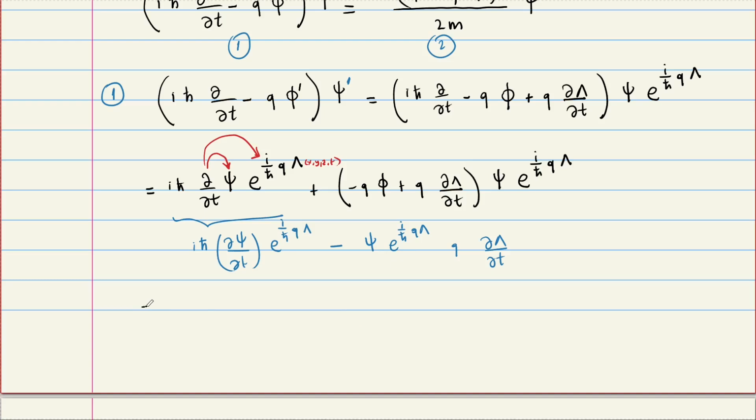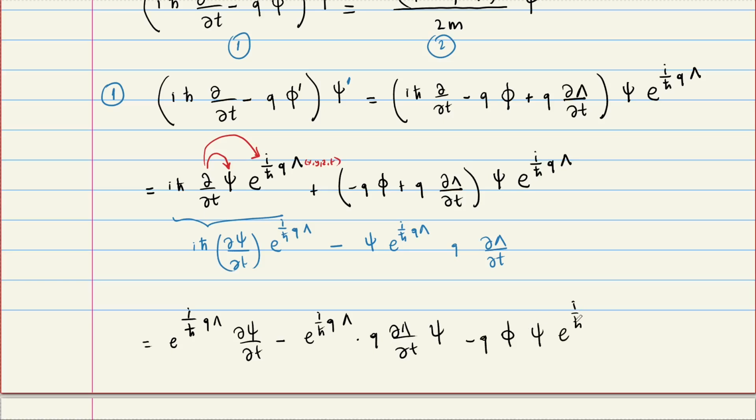Let's write this: this is equal to I h bar, and I want to write the phase in front, so e to the I over h bar q lambda del psi del t, minus e to the I over h bar q lambda times q del lambda del t psi, and this piece minus q phi psi e to the I over h bar q lambda plus q del lambda del t psi e to the I over h bar q lambda.